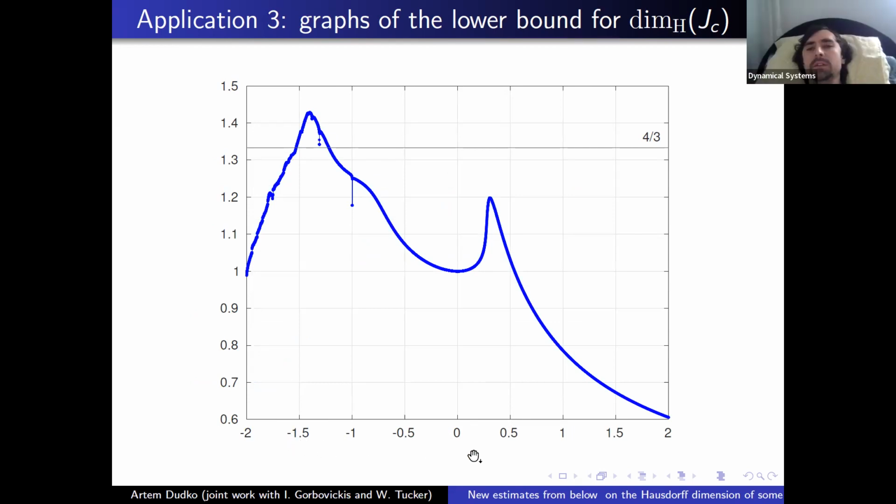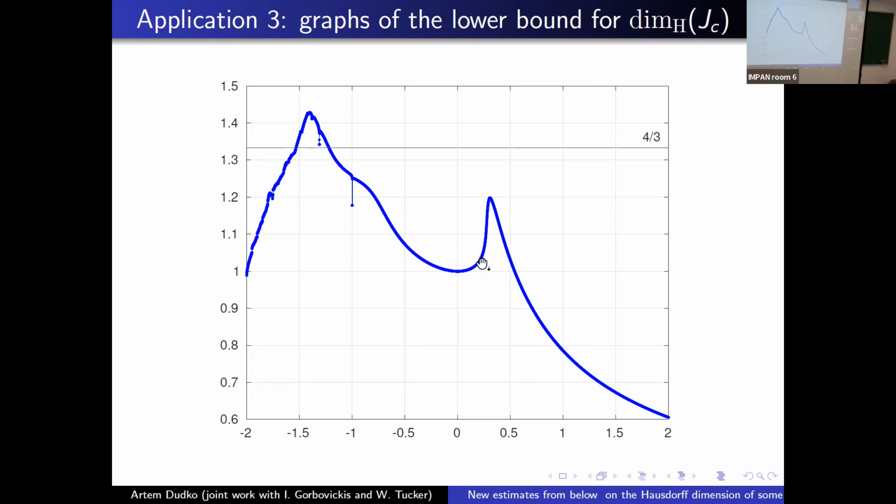Because the Julia set becomes disconnected, there is a parabolic bifurcation, there is a jump up here, and then it should be rather decreasing.